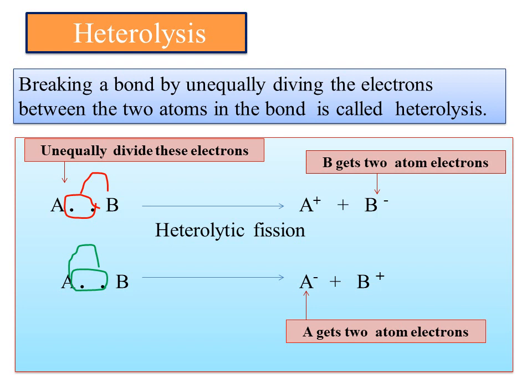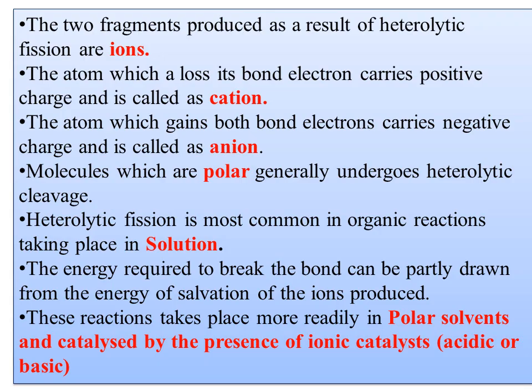It may go either way depending upon the nature of A and B. Whichever is more electronegative will pull the electrons. If B is more electropositive, it pulls away the electron, it becomes B minus and A becomes A plus. If A is more electronegative in nature, then it grabs the electrons, it becomes A minus and B becomes B plus.